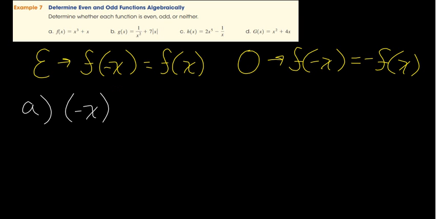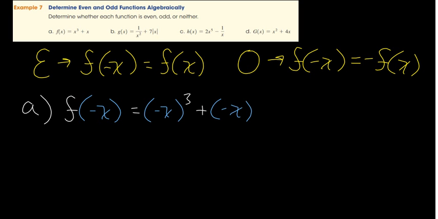Let's do the color coordination here just to really drive the point home. f of negative x is equal to negative x cubed plus a negative x. So what is negative x cubed?